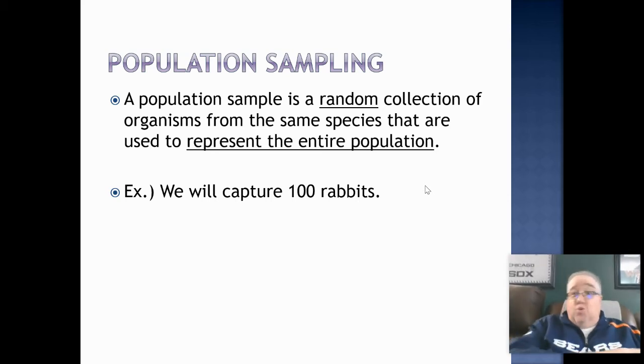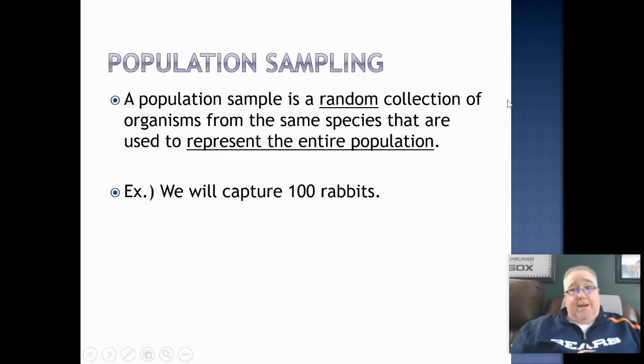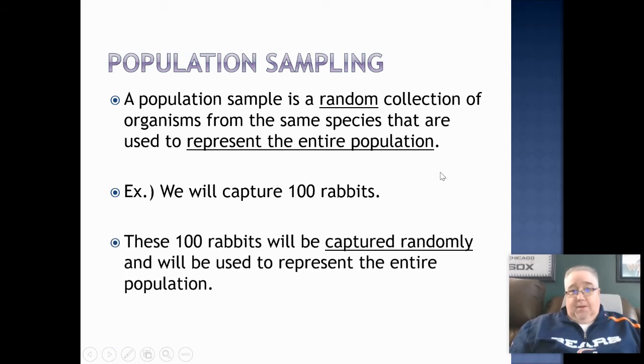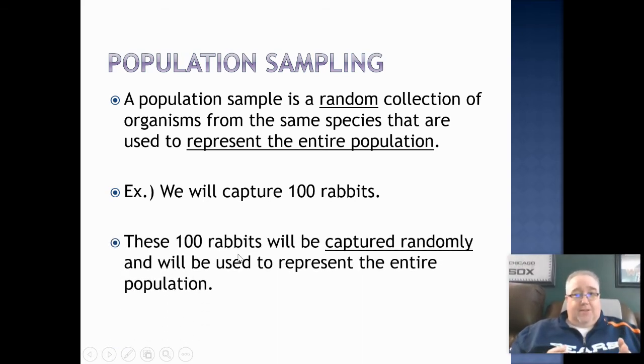I think that's a doable thing. If we really had to do this, we probably could set rabbit traps and maybe capture 100. But again, this would be a random sampling of rabbits. So these 100 rabbits would represent the entire population of rabbits in Crown Point.